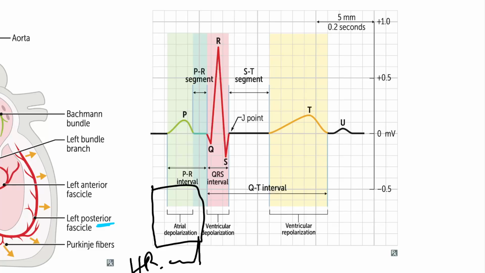For example, from here, you have a P, Q, R, S, and then your T, and then you have this one, P, Q, R, S, T.